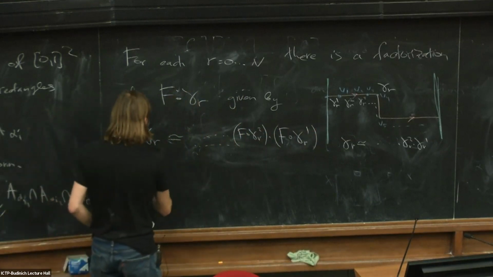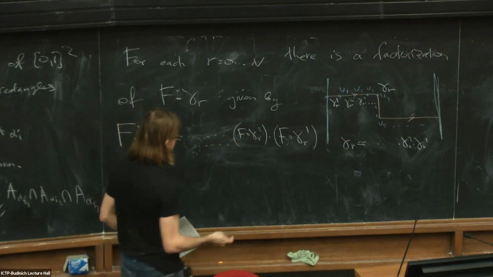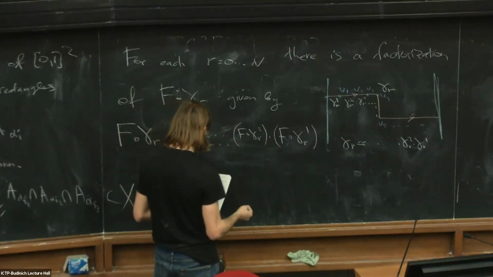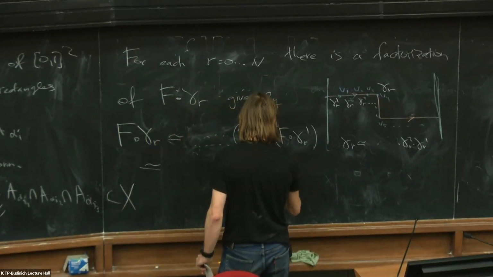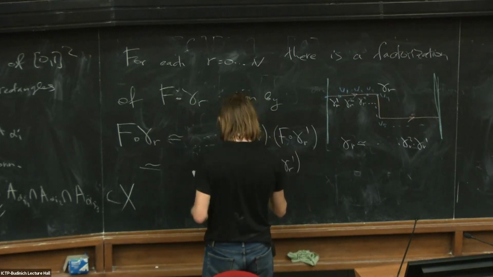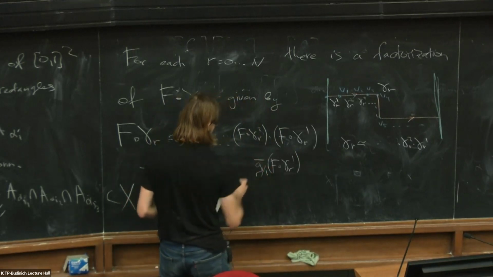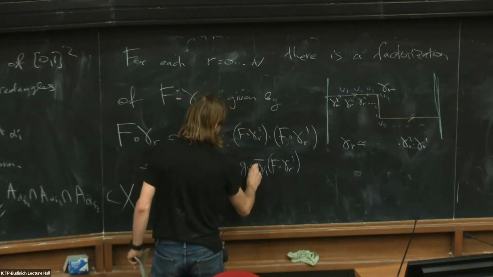And then we can do again our usual trick. We can insert compositions of paths and their inverses. In particular, we can insert GV1 bar, then followed by GV1, which is the same.